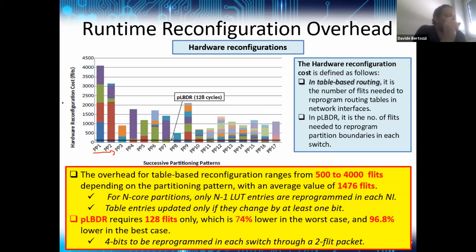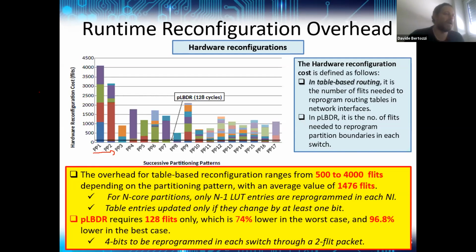So how many 32-bit chunks of information do we need to reprogram in the system? We can see that in table-based routing, the cost is that we need to reprogram the lookup table entries. And we express the amount of lookup table entries to reprogram in terms of these 32-bit chunks.